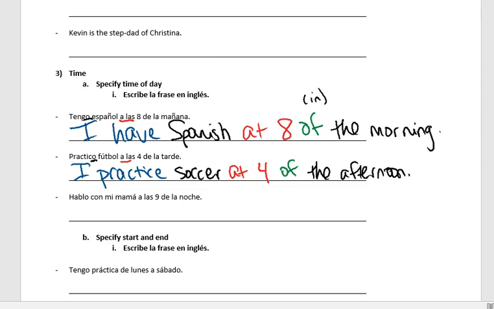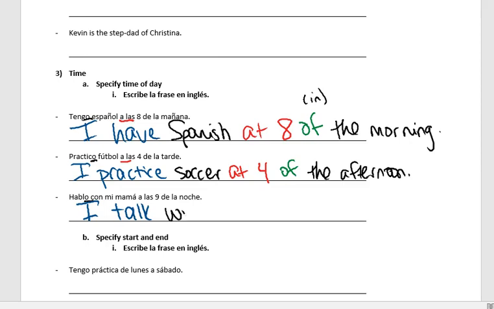Hablo con mi mamá a las 9 de la noche. So again, hablo ends in O, just like practico ends in O and tengo ends in O. So you know the subject is I. Okay? We know the verb, hablo, is to talk. So I talk con mi mamá. So usually you talk with someone.